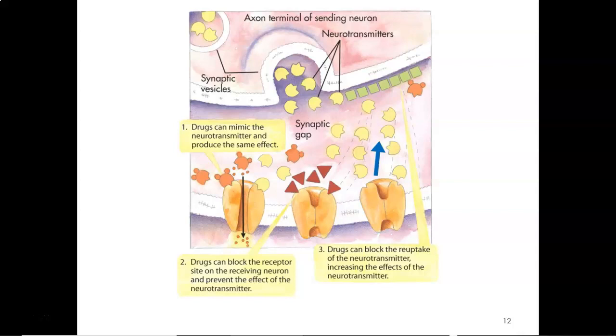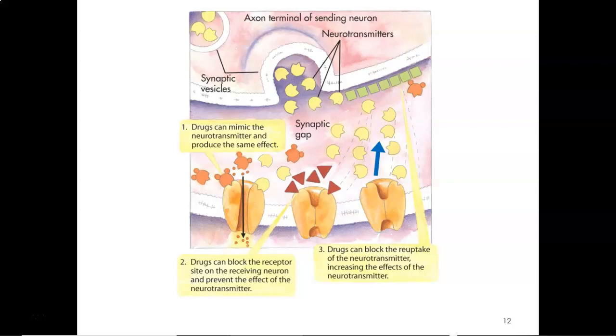So my presynaptic neuron is releasing serotonin. As long as my postsynaptic neuron will receive serotonin, it will accept that serotonin through its receptor site. Now, we can create drugs that mimic the molecular structure of neurotransmitters. Because again, every type of neurotransmitter has a different molecular structure. The molecular structure of serotonin and the molecular structure of norepinephrine are different.